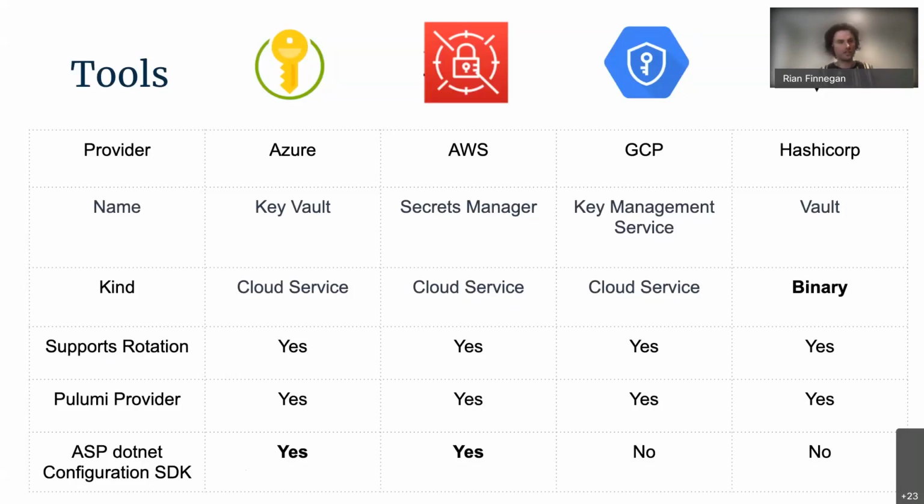Now, this is just a NuGet package, so it's nothing fundamental about those products. And actually, if you know of an ASP.NET configuration SDK for GCP or HashiCorp, I'd love to know about it. Prove this slide wrong. But that's really the only reason why you would choose one over the other. And of course, the main reason is, if you're purely on AWS, then just use AWS Secrets Manager. You don't need to go and use anything else. Just use the default.